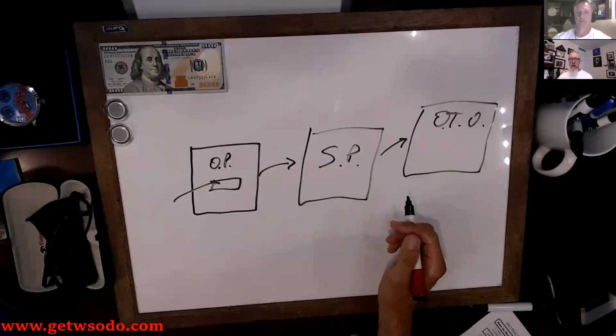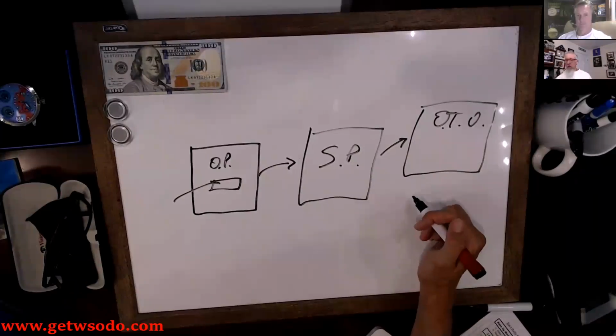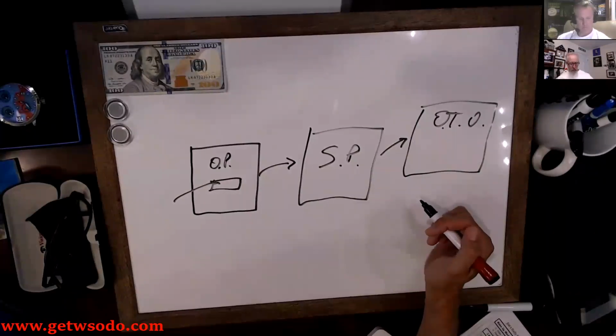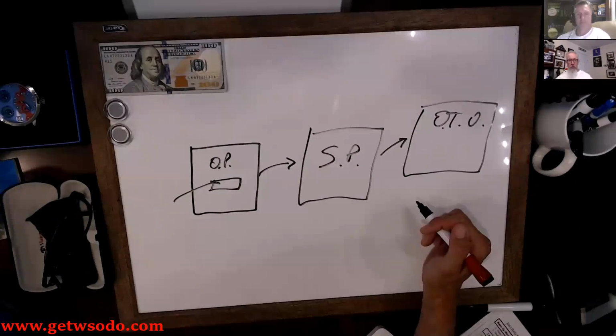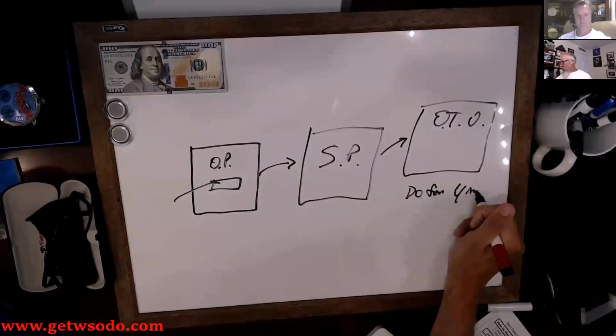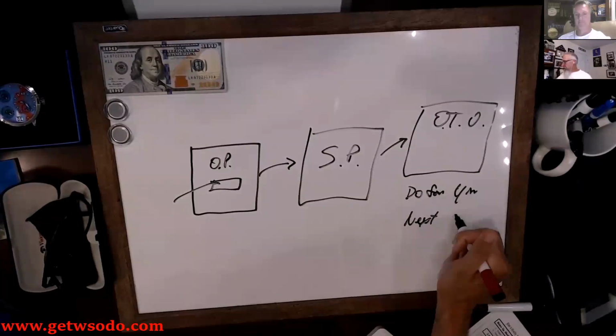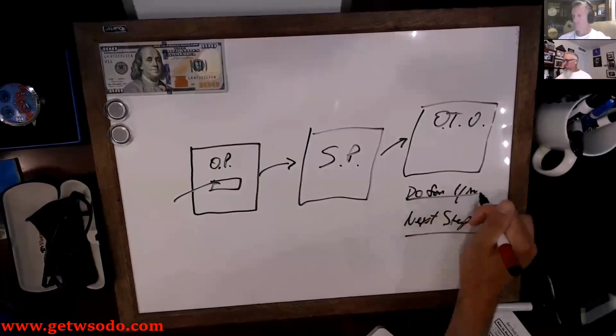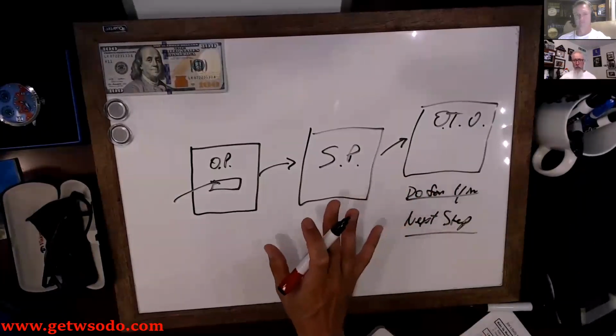Russell details 4 different ones, and they each fall into 2 categories: let us do it for you, or here's the next step. Those are the 2 basic categories that those 4 fall into.